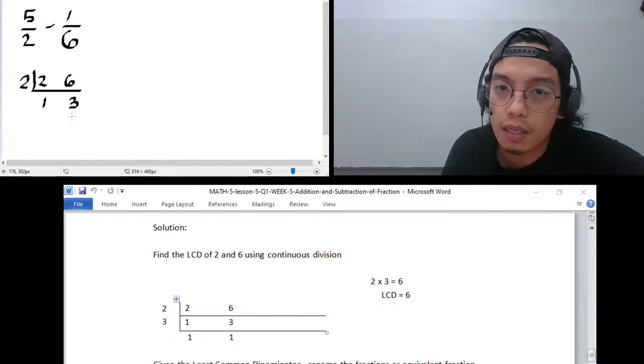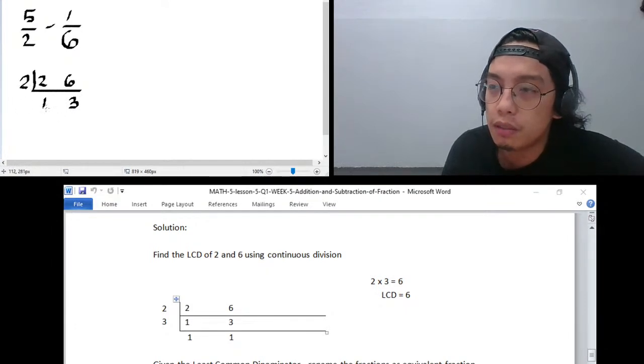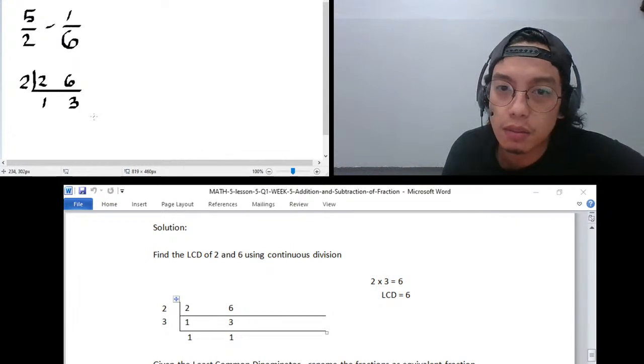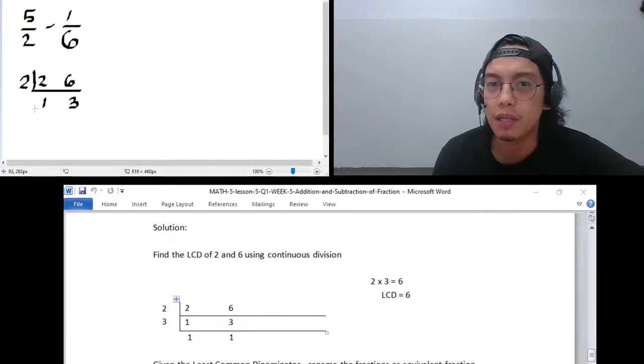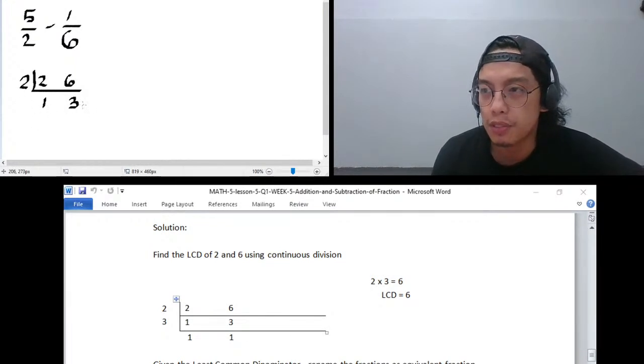Okay, and then 2 times 1 times 3 is 6. So 6. And then I guess that's it. Pwede naman dito taman. So 2 times 1 times 3. 2 times 1 is 2 times 3 is 6. So the LCD is 6.